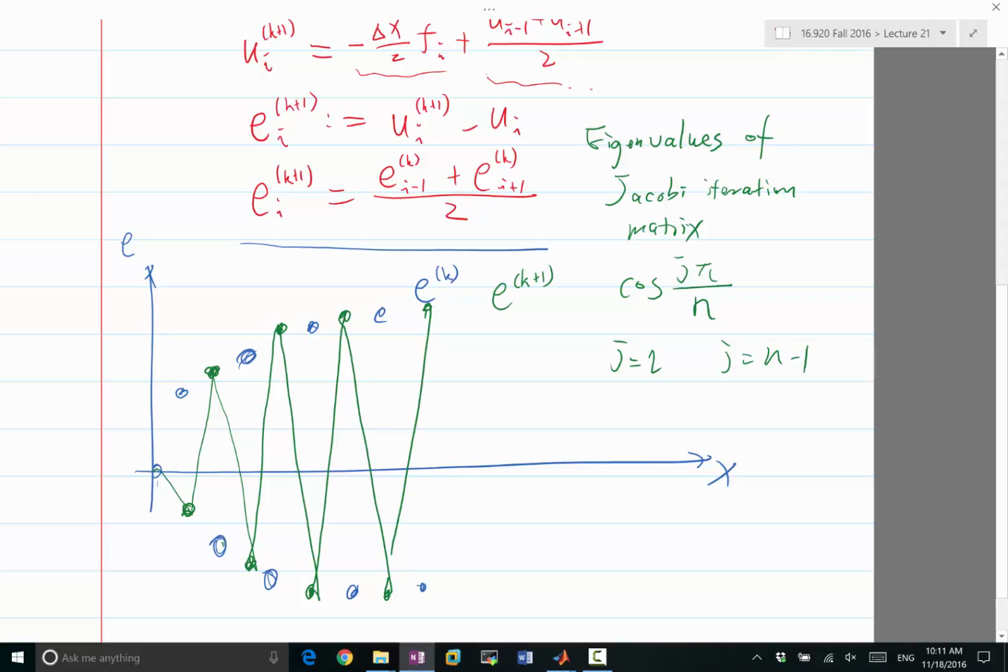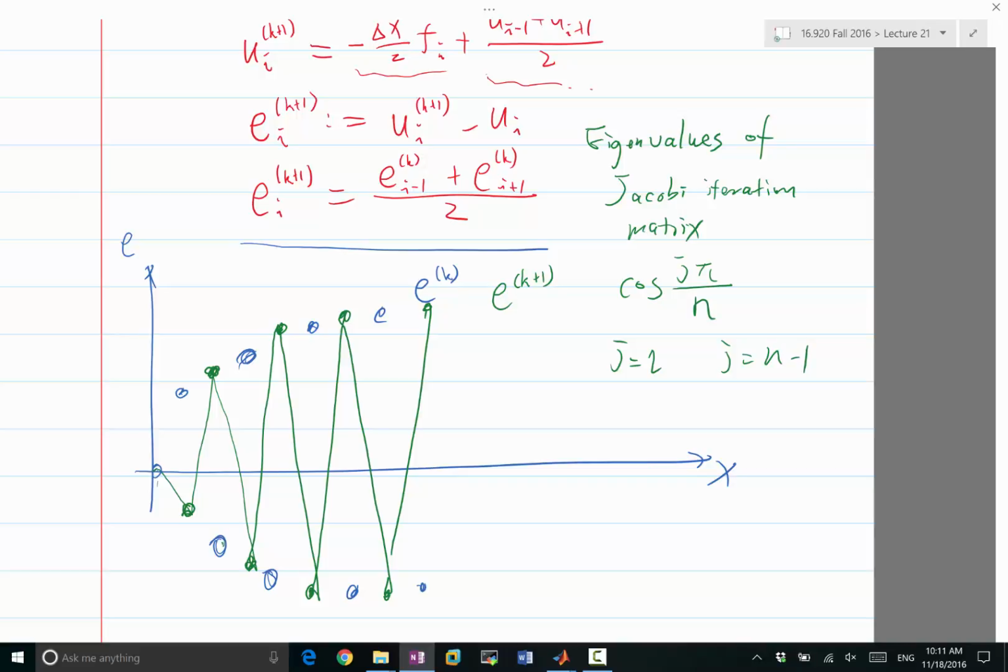But when j is equal to n minus 1, cosine of j pi over n is very close to what? Minus 1, that's right. So I have an eigenvalue that is close to 1 that contributes to the slow convergence of the smooth part. I also have an eigenvalue very, very close to minus 1, and it's minus 1 that contributes the flipping of the solution error. I have an eigenvalue close to minus 1 that contributes the slow convergence of the most non-smooth part.